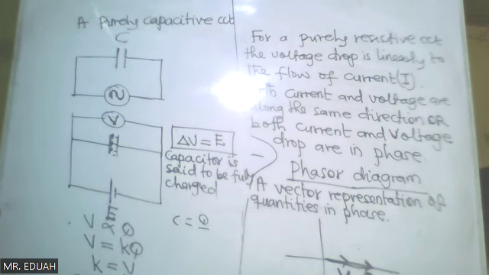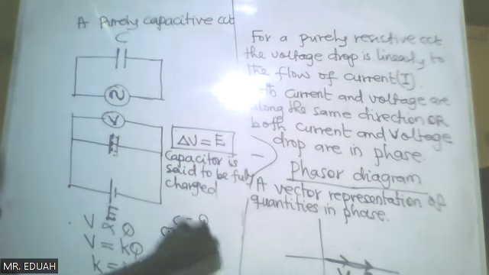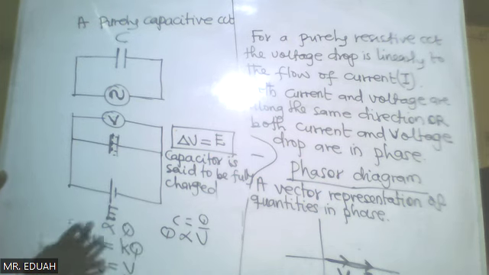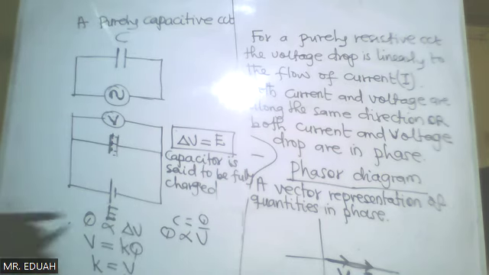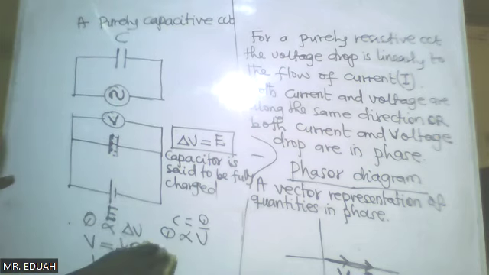Let me see. Yes, it's rather Q being directly proportional to the voltage delta V. So the greater the Q, the greater will be the voltage drop.